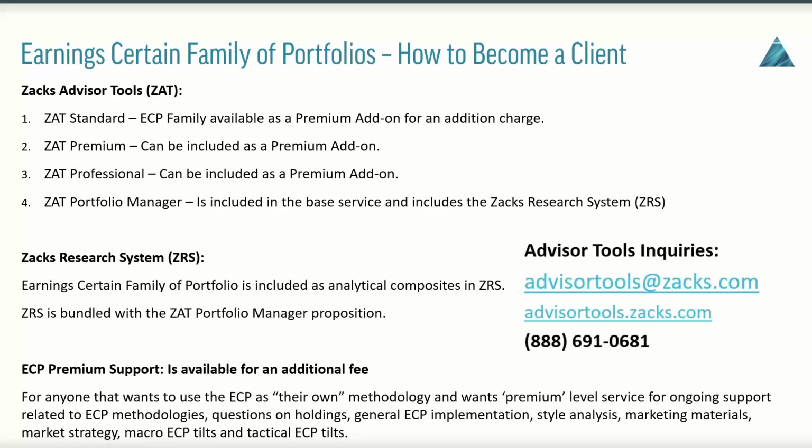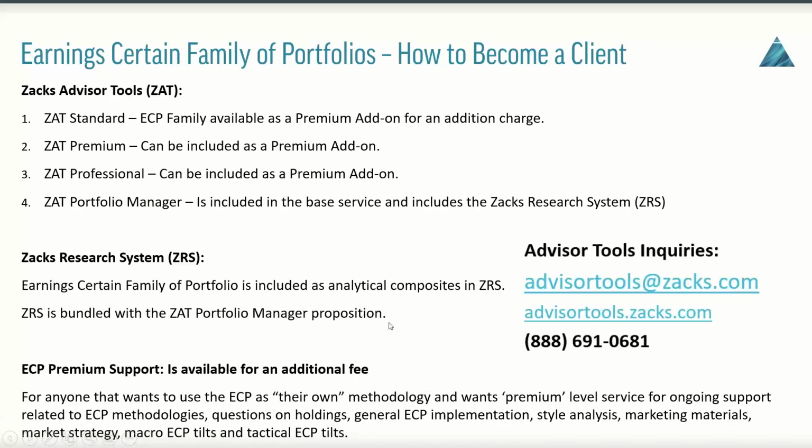Okay. Earning certain family of portfolios, how to become a client. Zacks Advisor Tools, obviously the easiest way to do that. ZAT standard all the way through to Portfolio Manager. If you like all of the Zacks research system charting, including the composites and all the analytic work that you see me do in my webinars, that's the ZAT Portfolio Manager proposition, where you also get access to the Zacks research system. Again, I mentioned that ECP premium support is available for an additional fee.